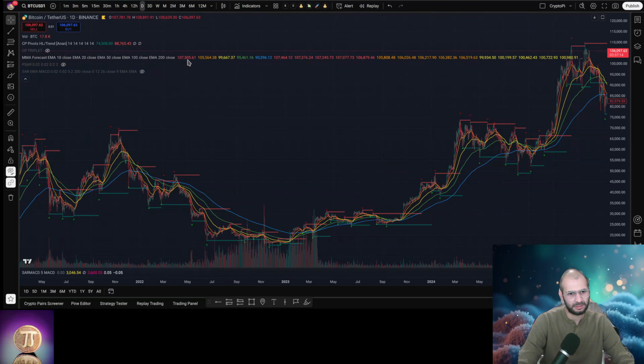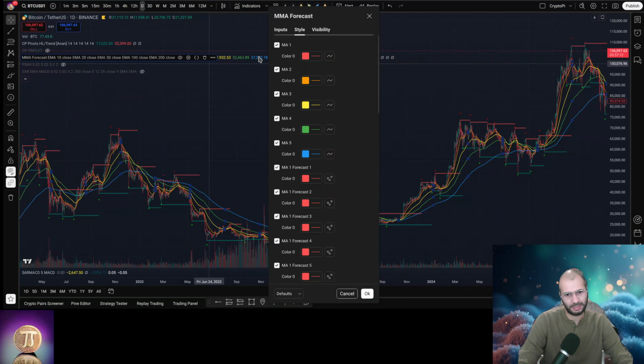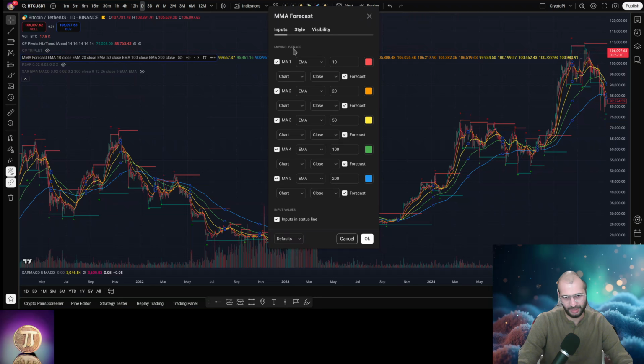Here there are exponential moving averages at the lengths of 10, 20, 50, 100 and 200. Oh, there are 5. Sorry, I said earlier there are 4 moving averages, but never mind.